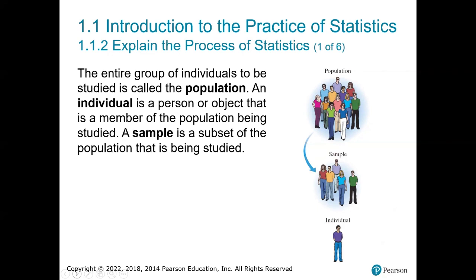You, as the researcher, decide what specific group of people you are looking at. That is your population. From that population, you take what is called a sample, and that should be done randomly. We will learn about that a little bit later. And in that sample, you are going to look at every single individual and ask them questions or run a test on them, however you're going to collect that data.